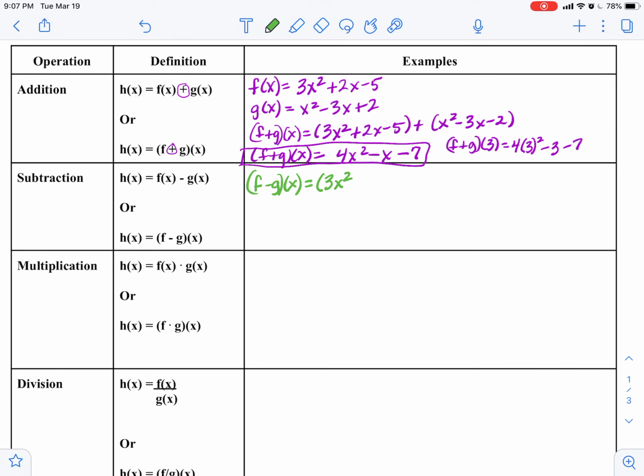There's my f of x minus, and you do want to keep parentheses, my g of x. Just like what we talked about in class, since this is a minus, you're going to want to distribute that all the way through. So I would rewrite this as minus x squared plus 3x minus 2. And then combine your like terms.